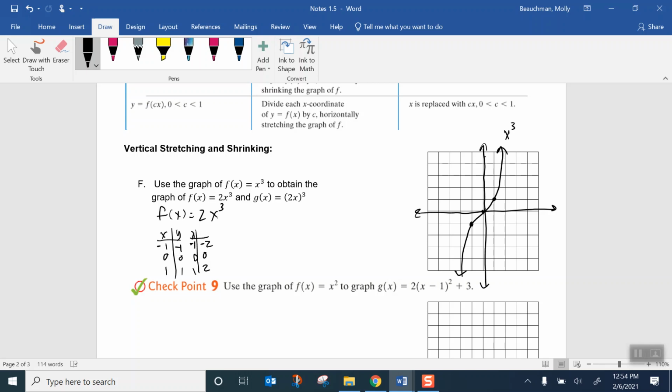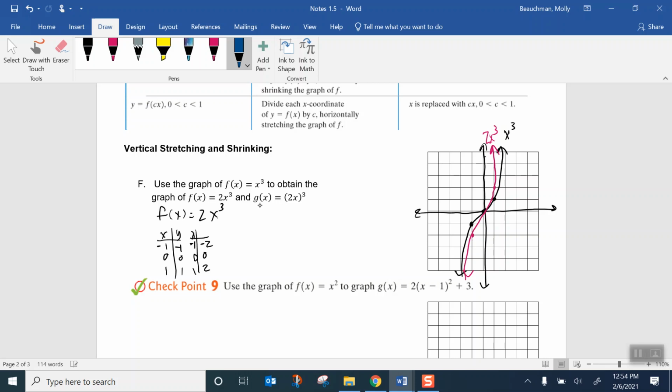So we're going to take each of these coordinates and stretch them. 0, 0 stays where it's at, but if we go to the right one, we're going up 2, down 2. So this is called a vertical stretch. Think of it as stretching the graph so it becomes closer to the y-axis. So this is 2x cubed.